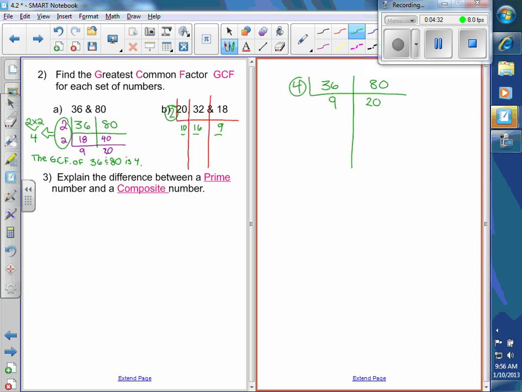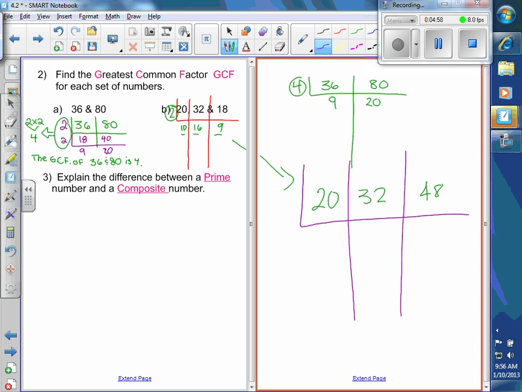Okay, Adam? Will you ever keep going until you get the greatest common factor at the bottom? Like if instead of 9 that was. Yeah, let's change it again. Let's change this problem and make it 20, 32, and 48. Okay? Let's say that was the problem, and we started with 2.